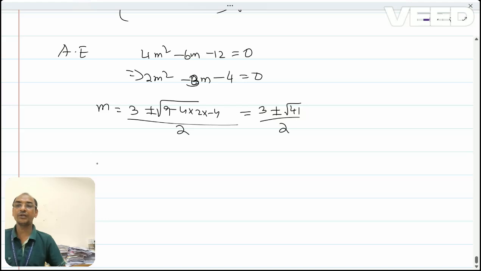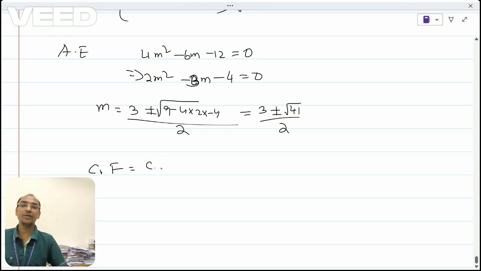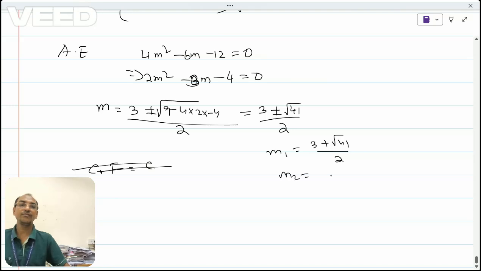And so the complementary function will be, how can we write it? Two roots are here. We are having m1 equal to 3 plus root over of 41 by 4, and m2 will be 3 minus root over of 41 by 4.